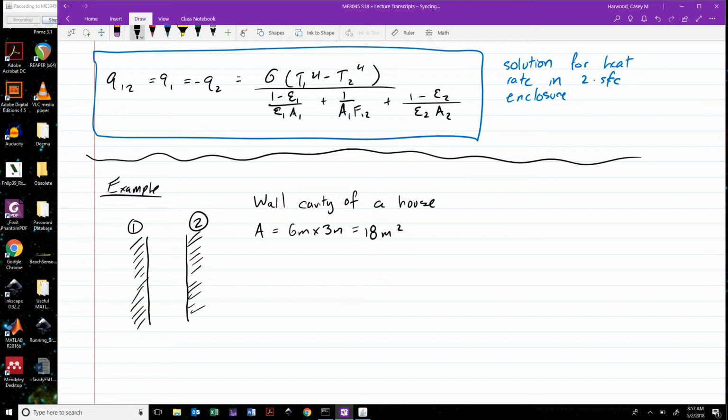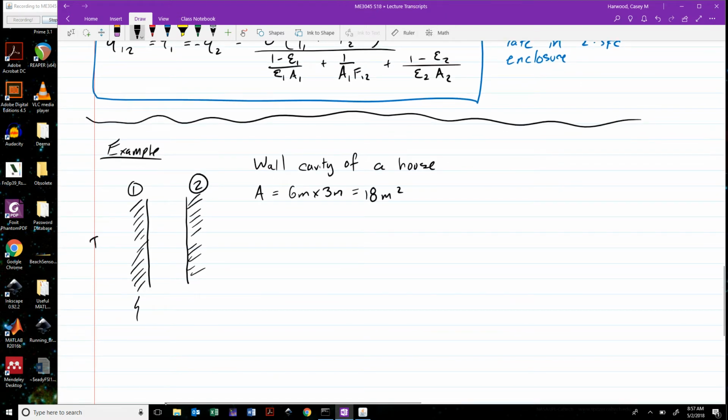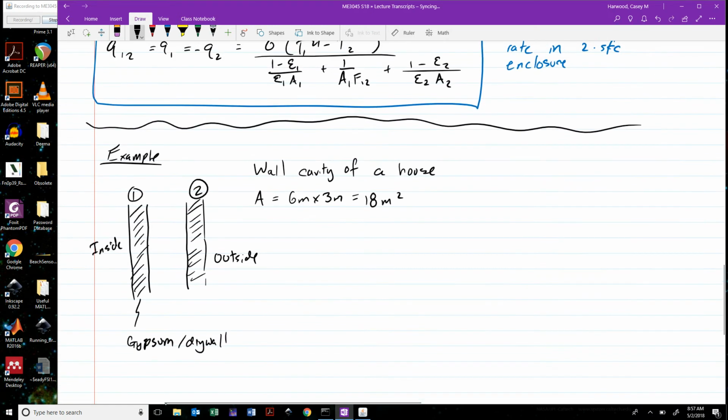We'll say surface 1 is inside the house, and here's outside. Surface 1 is gypsum or drywall, which has an emissivity of 0.95 and is at a temperature of 295 Kelvin.